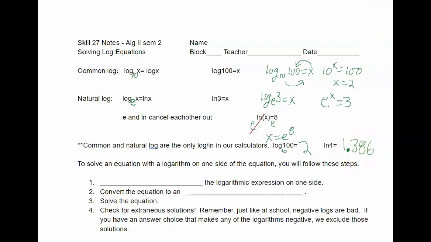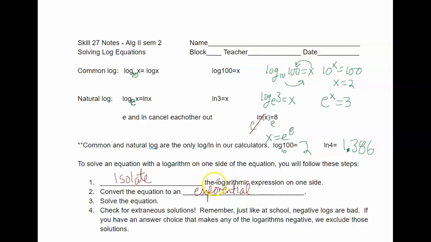Okay, we're going to move on to solving an equation with a log on one side of the equation. You use the following steps. We rewrite the equation, we isolate the log expression to one side, convert to exponential, then we check for extraneous solutions.